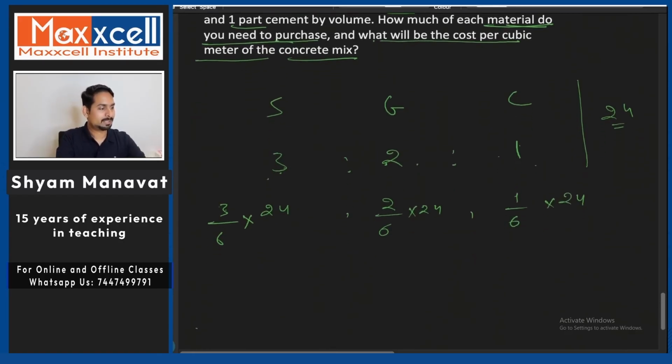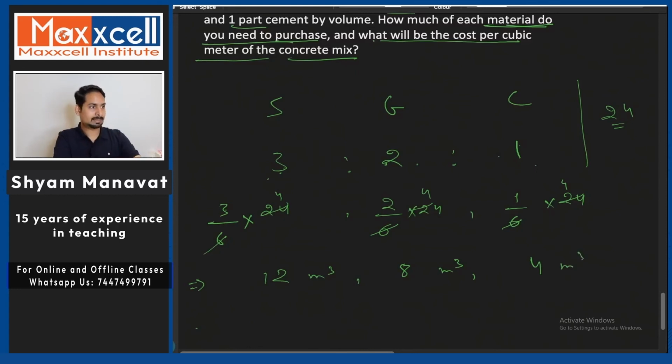Now if I simplify this, what will I get? 6 4s are 24, 4 3s are 12. Here I want 8 and this will be 4. So this is 12 cubic meter, this is 8 cubic meter, and this is 4 cubic meter you want.